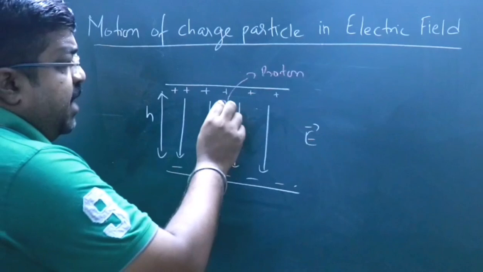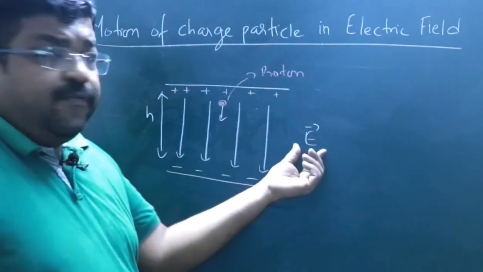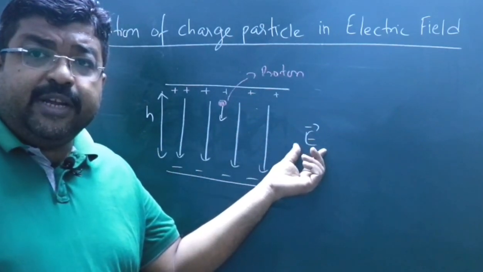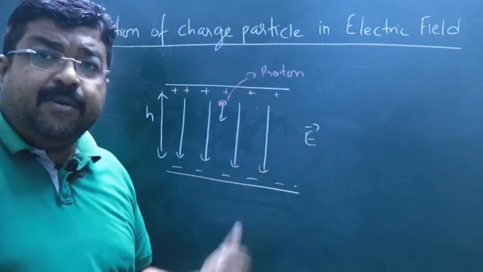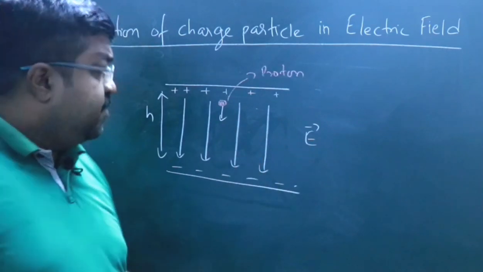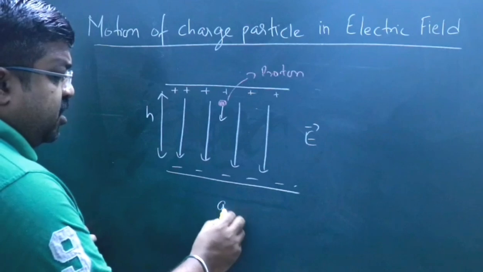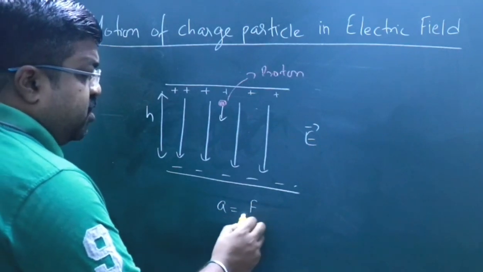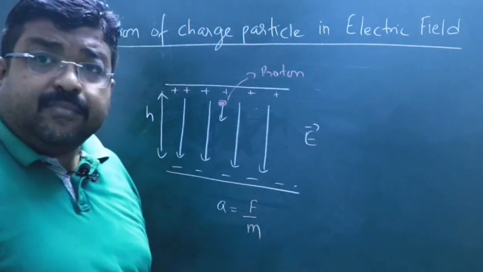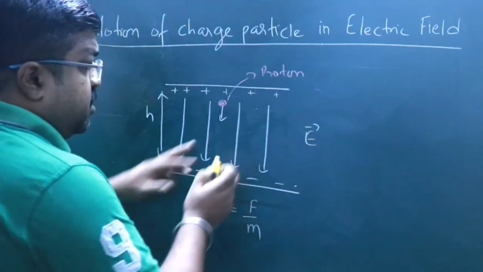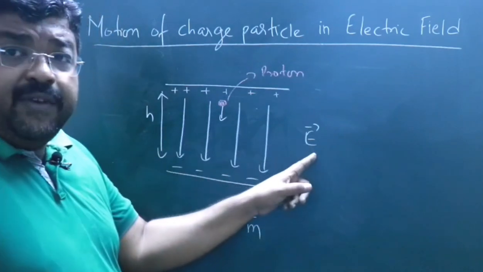Now this proton will be acted upon by a force due to this electric field in the downward direction, and because of that there will be an acceleration in the downward direction, okay. So what will be the acceleration? Now acceleration is force divided by mass, okay. So here the force is due to this electric field.